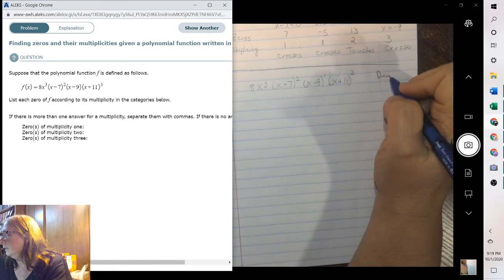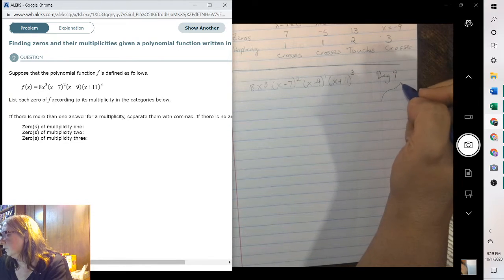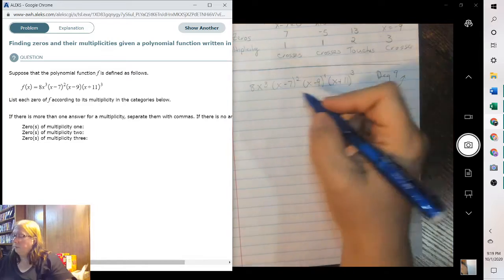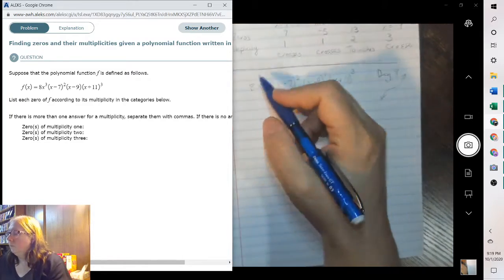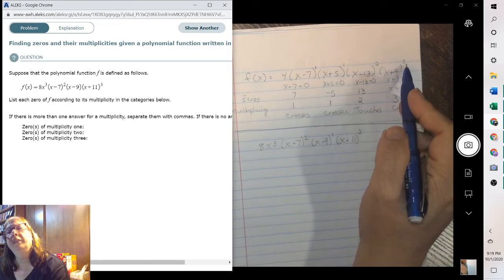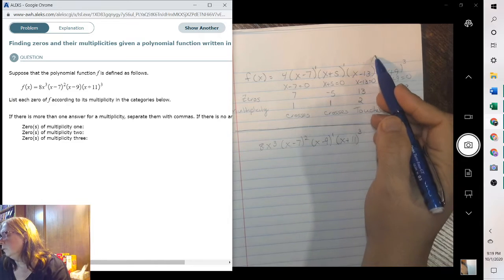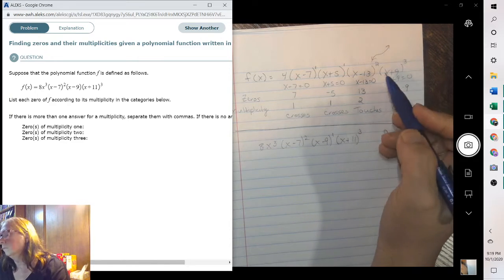So the degree is 9, which means it's odd. This is a cubic function. And it's increasing because this is positive. This one, 1, 2, 3, 4, 5, 6, 7. This is also odd, and this is positive. So it's also a cubic function.